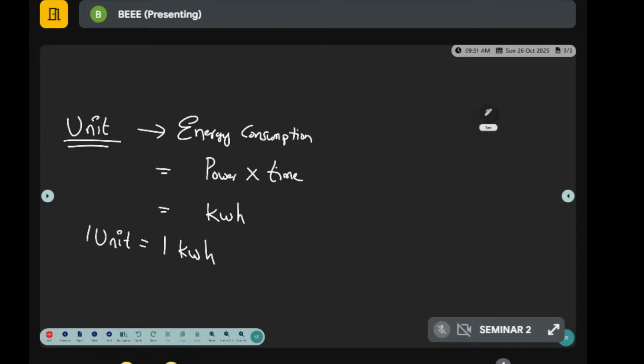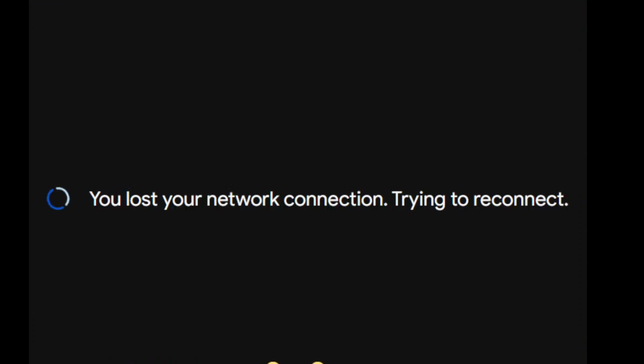Energy consumption is power into time. So 100 units means 100 kilowatt hour, 1 unit means 1 kilowatt hour, 200 units means 200 kilowatt hour. It is denoted as kilowatt hour. 1 unit is equal to 1 kilowatt hour.